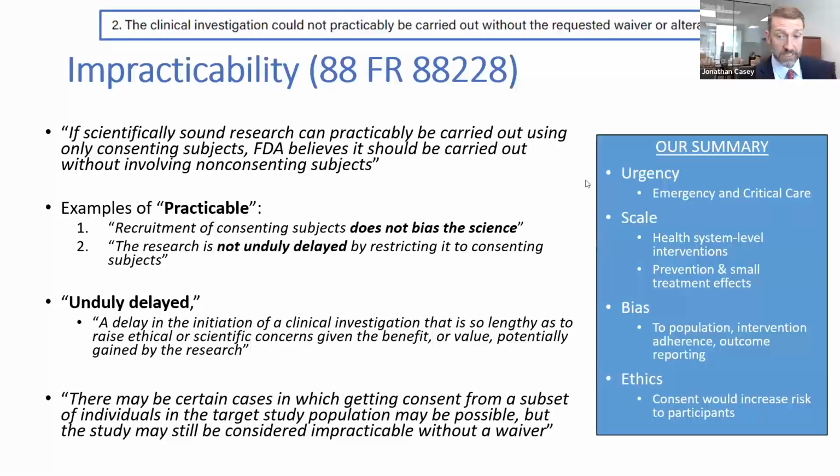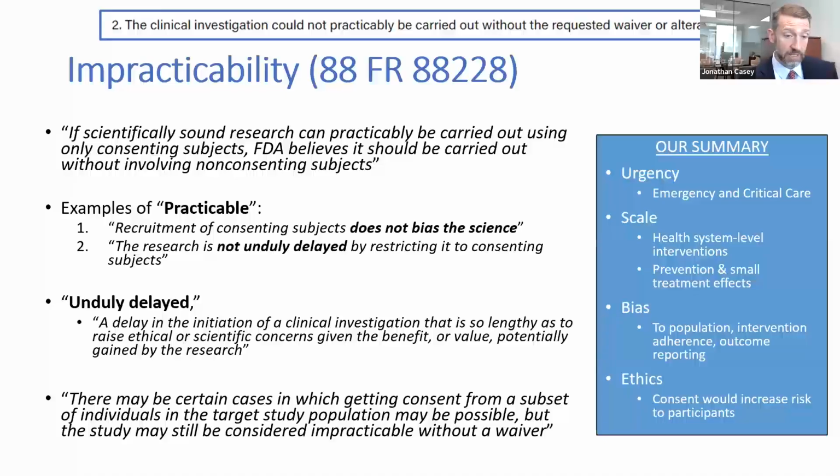Here's our summary of what types of research might be considered impracticable. Those largely fall into research that's urgent, like emergency and critical care research; research for which the scale prohibits prospective informed consent, like healthcare system level interventions, or interventions focused on prevention and small treatment effects, where the scale of the research is so large they couldn't be conducted with prospective informed consent; trials in which prospective informed consent would bias the trial population, intervention adherence, or outcome reporting; and trials in which consent could increase risk to participants.